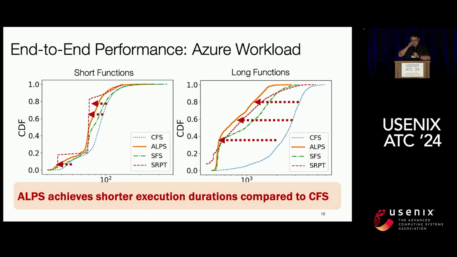Firstly, we can easily see that ALPS achieves shorter execution time compared with CFS for both short and long functions. Also, when we compare the tail latency of CFS and ALPS, we can see that ALPS also achieves a shorter tail latency, as shown in the right block.